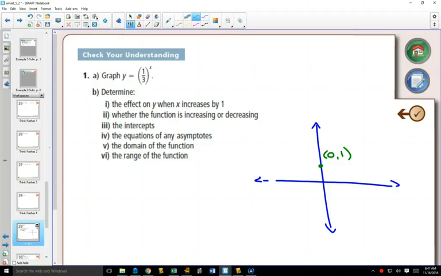And when I plug in 1, I'm going to get 1/3. Because the base is between 0 and 1, it's going to be decreasing. And of course, we have an asymptote at y equals 0.